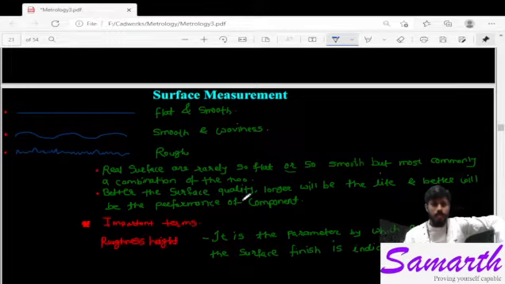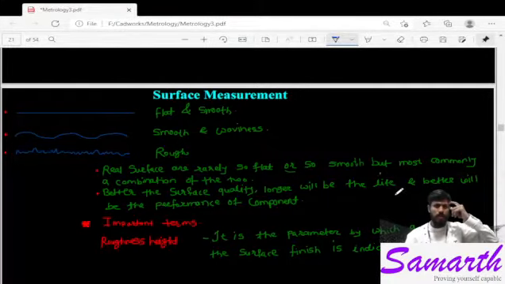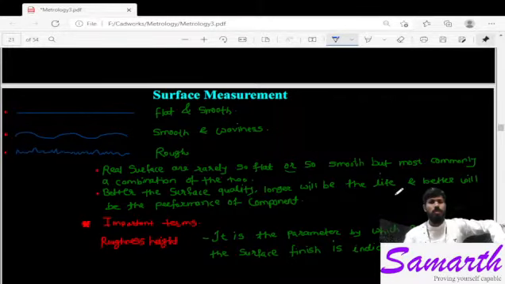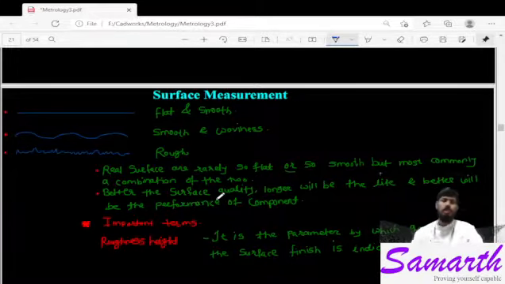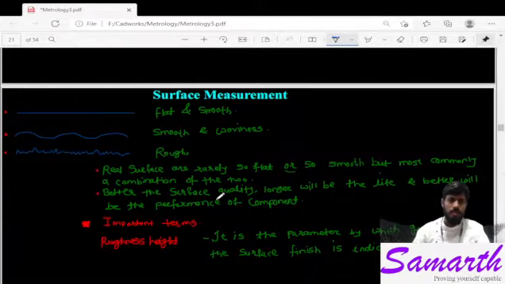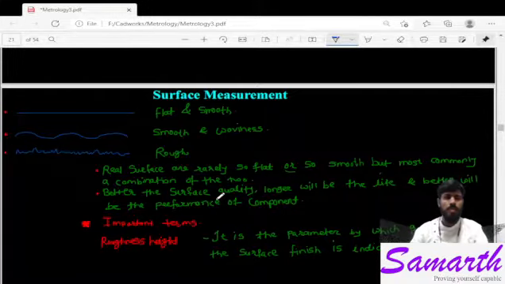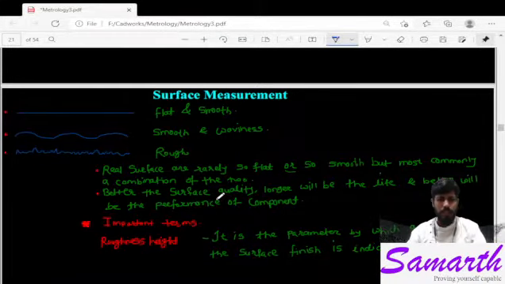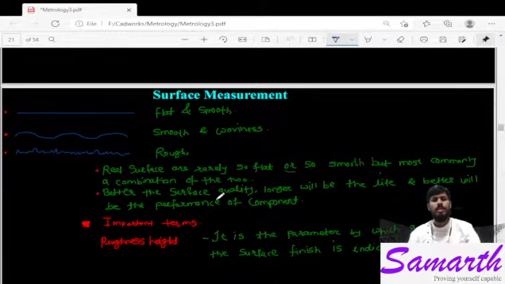The better the surface quality, the longer will be the life, and the better will be the performance of the component. How can I say that? You know that if the surface finish is good, let us say a smooth surface is there, there will be fewer notches and fewer irregularities, which will reduce the chances of failure.